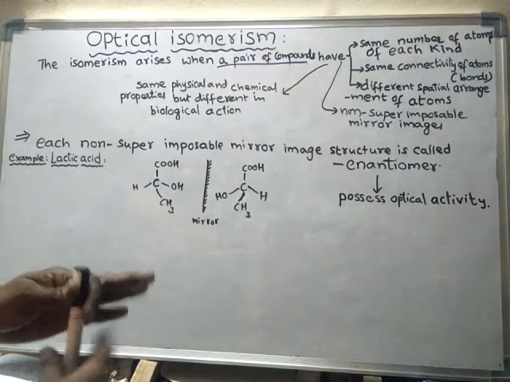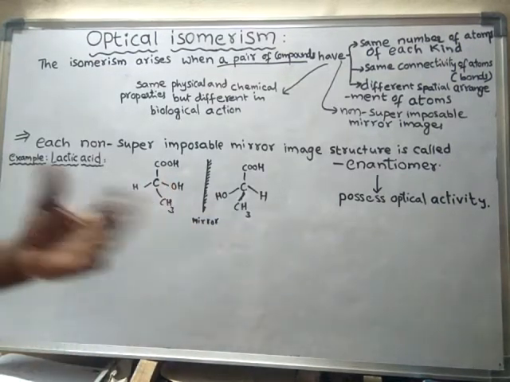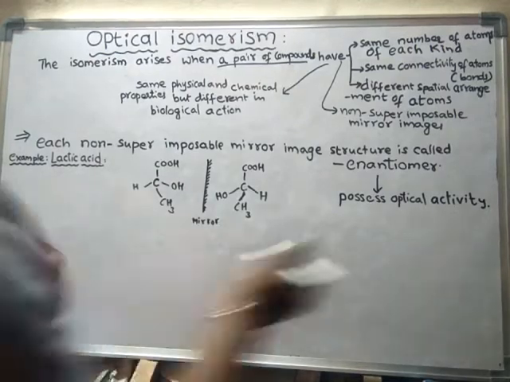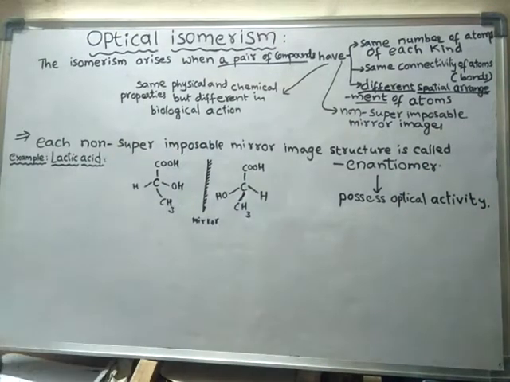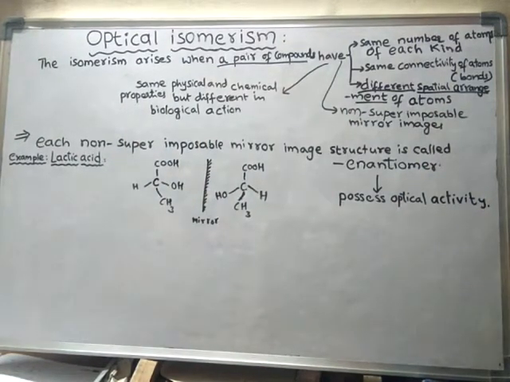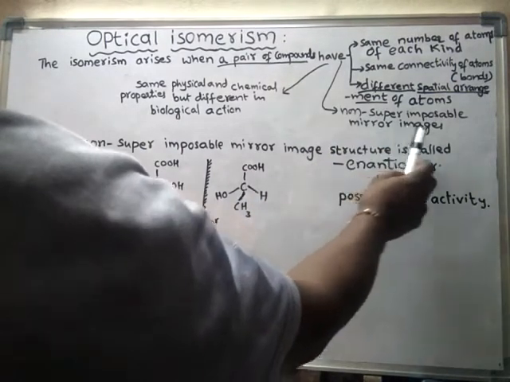So that means same number of atoms, same connectivity, but different in spatial arrangement of atoms. So they differ in the arrangement of the atoms in the space. They are non-superimposable mirror images.